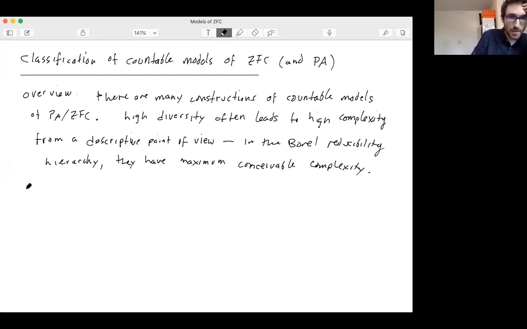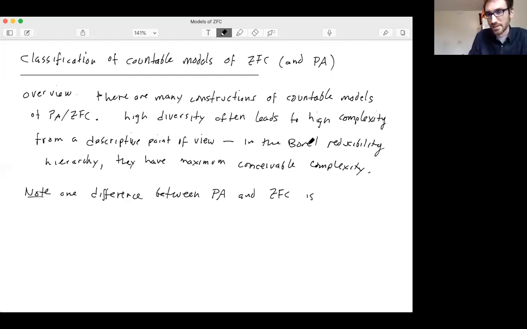Okay, and then just note one difference between PA and ZFC, which is the existence of many standard models.